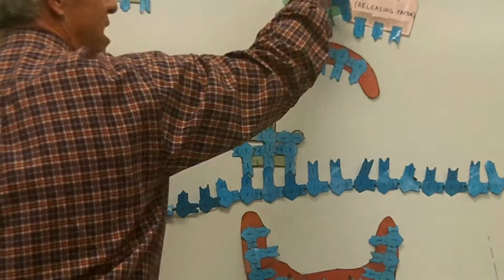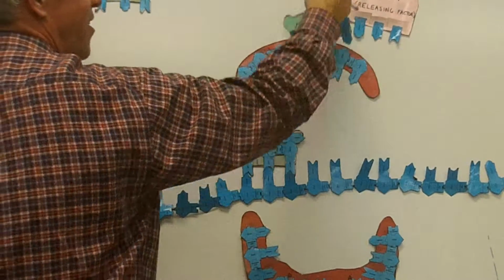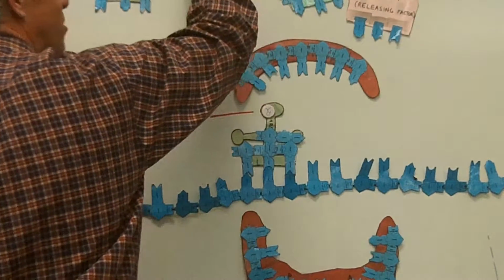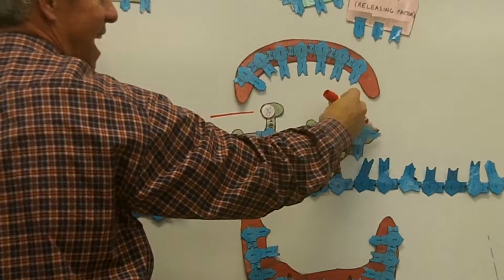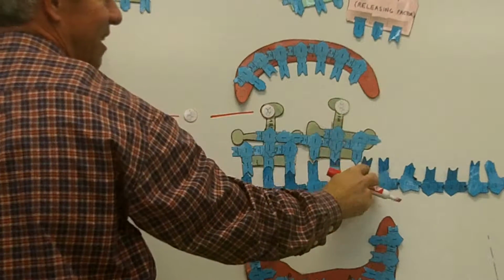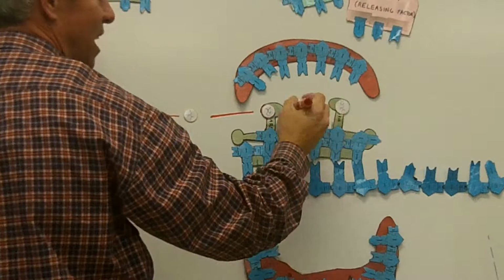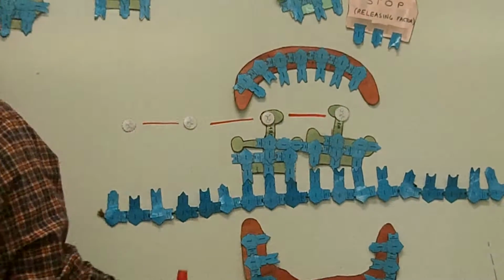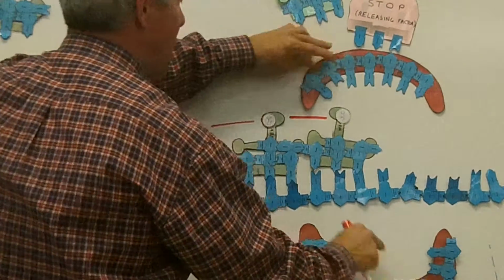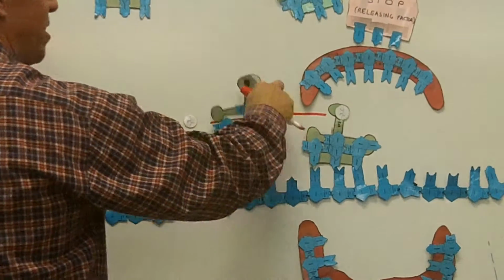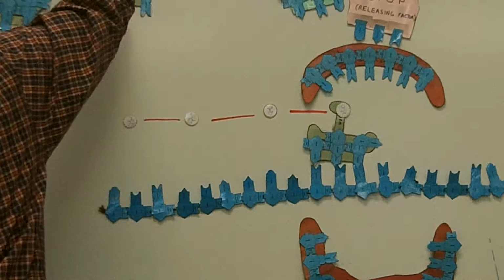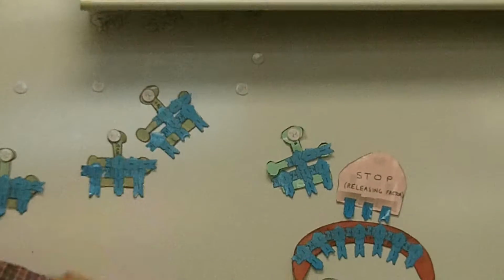Now the next codon is in place, and this one comes in and tries to fit. No, that doesn't fit. So another one will come in and try to fit. That does fit. And a peptide bond will form, and the ribosome slides down, and this tRNA will leave and go get another one just like the one it just dropped off.